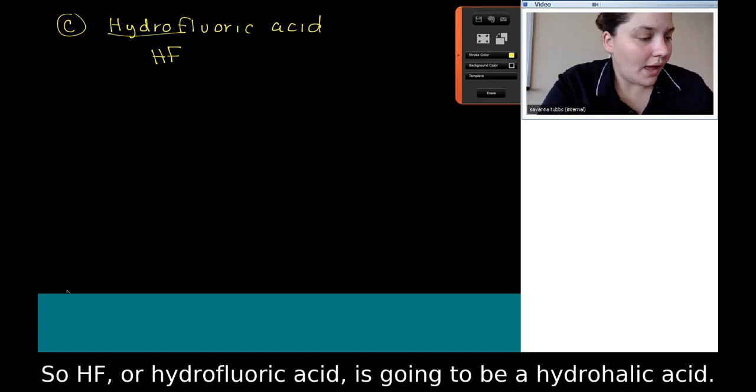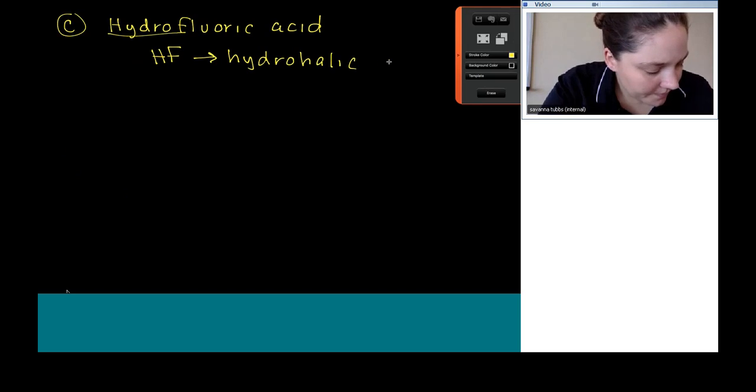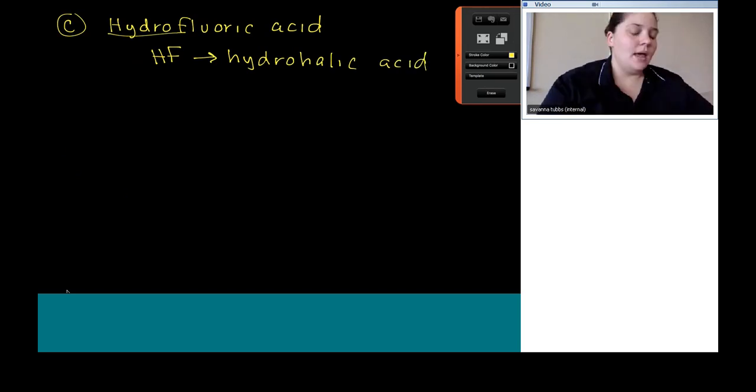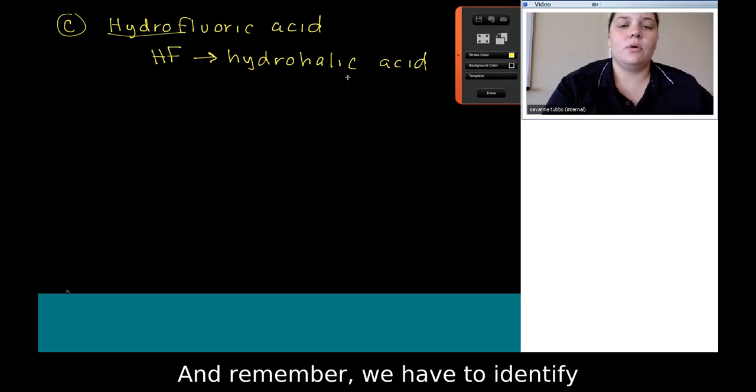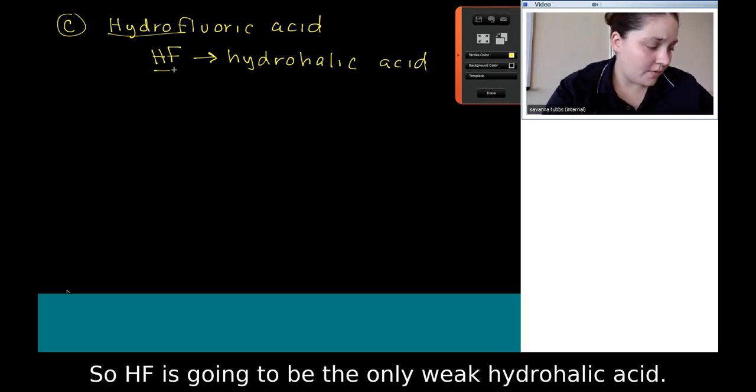So HF, or hydrofluoric acid, is going to be a hydrohalic acid. And remember, we have to identify which ones are strong and weak. So HF is going to be the only weak hydrohalic acid.